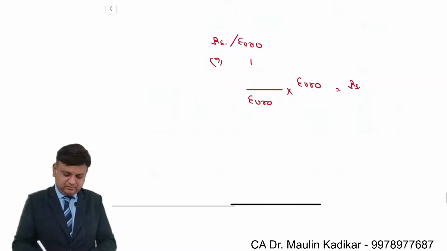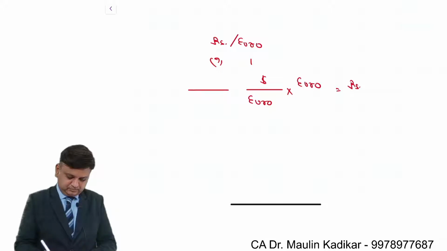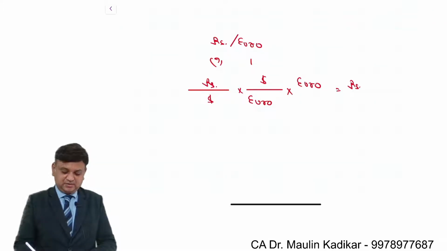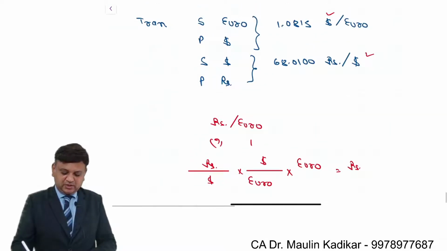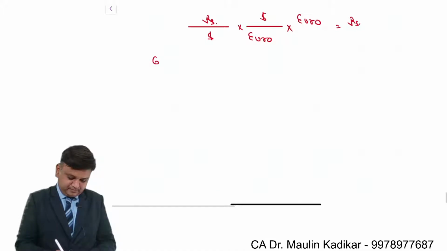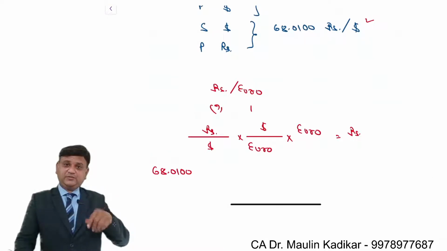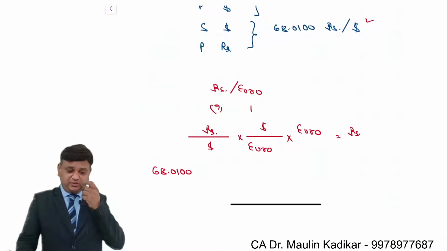Dollar. And against dollar, which currency is given? Rupees. I want rupees per dollar, that is 68.01. And you can see it is sell of dollar and purchase of rupees. So you will get less amount of the rupees.